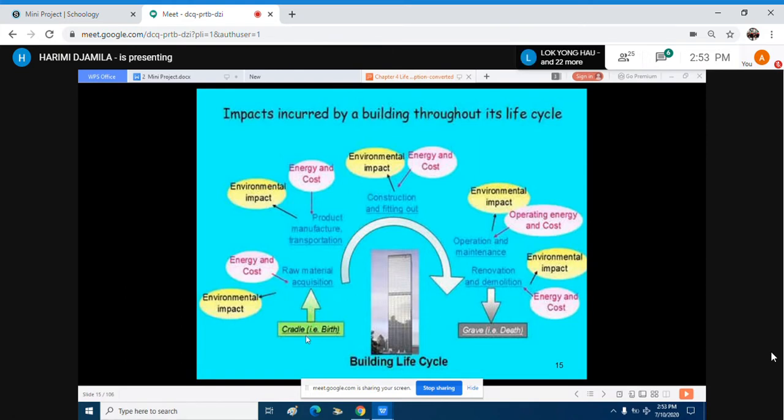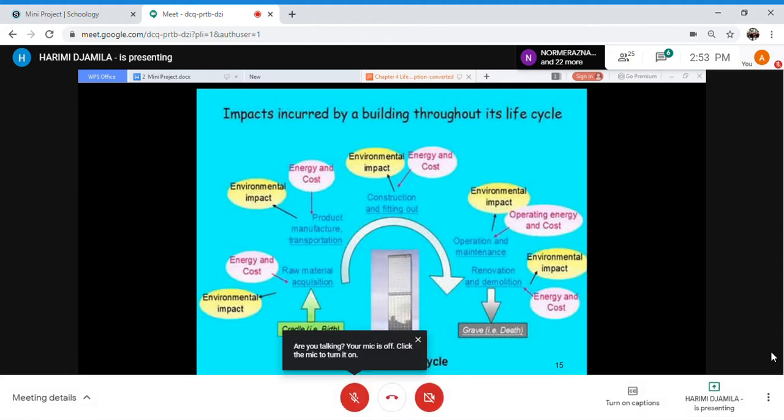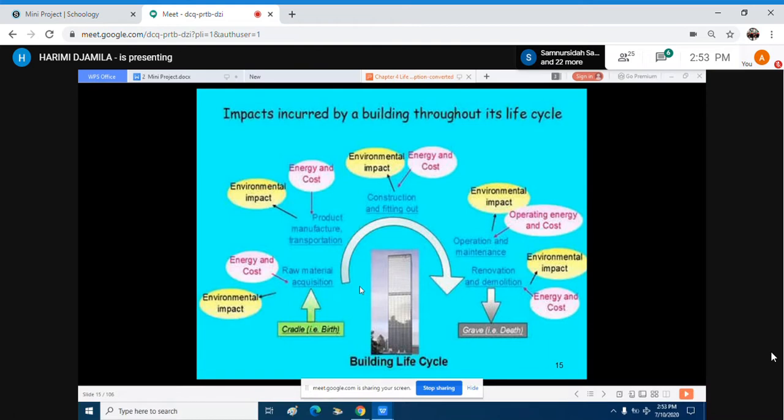from cradle to grave. We start by raw material. Product manufacture, transportation, construction stage.